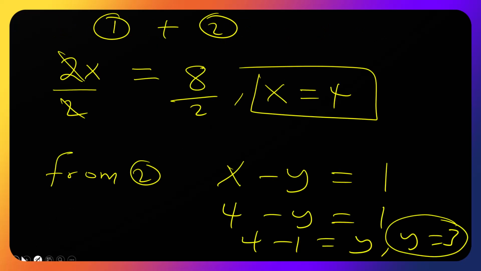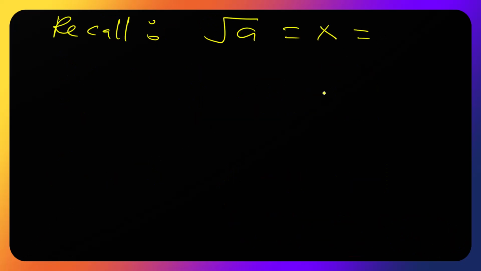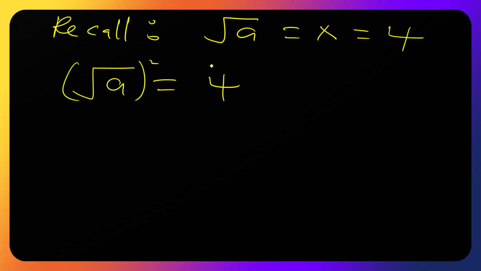So let's recall. Square root of A equals X. But X is 4. So square root of A equals 4. Once we square both sides, A is 16.